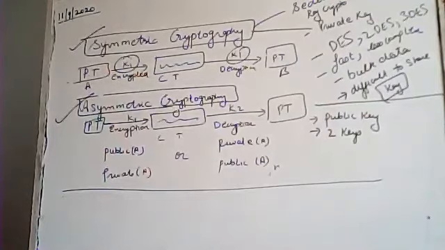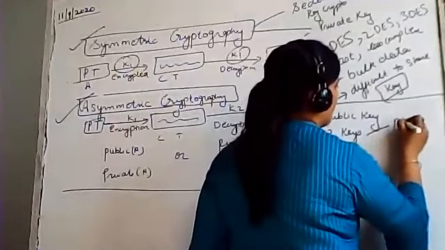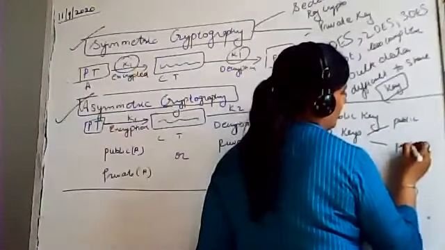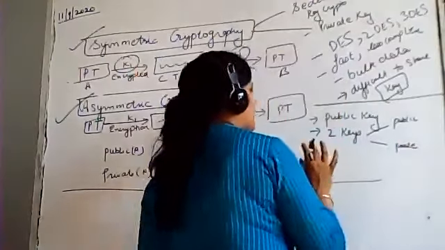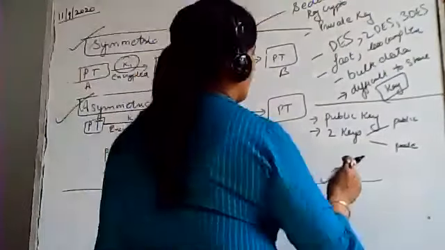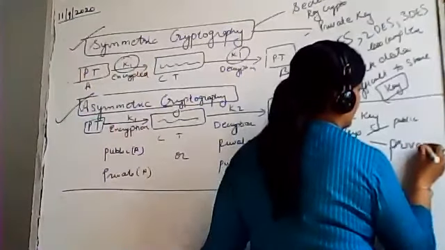We have two types of keys here: one is the public key and another is the private key. So one is your public key and the other is your private key.